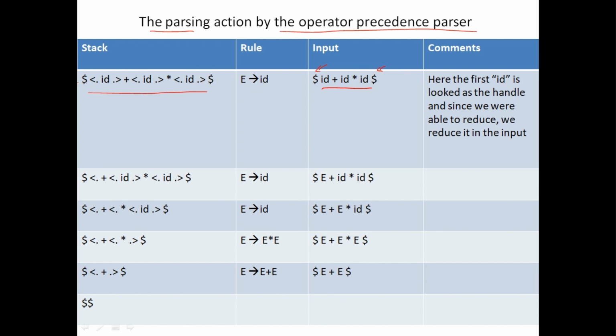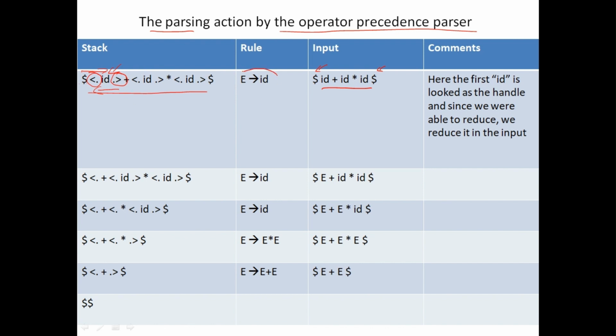So we have scanned from left to right as discussed earlier, encountered the first greater than, then traversed back to find this less than, so id becomes the handle.